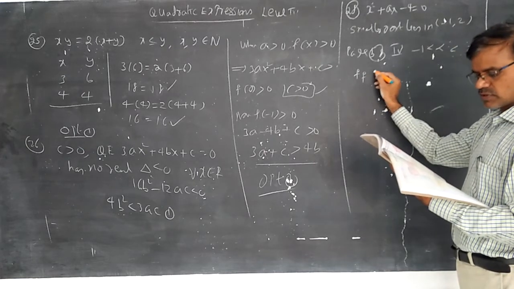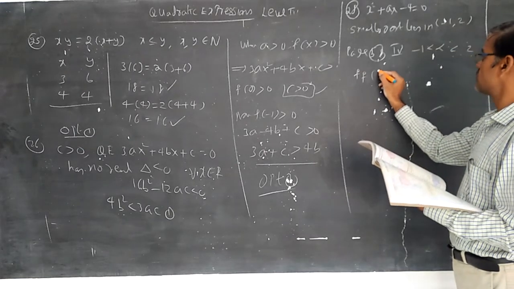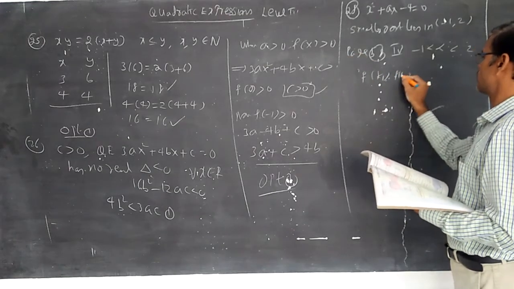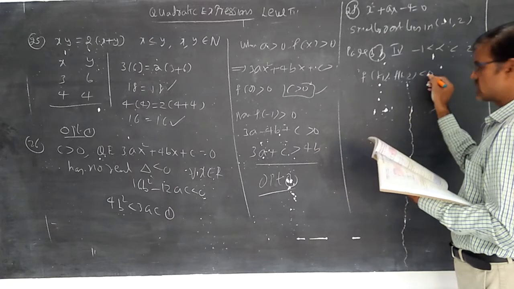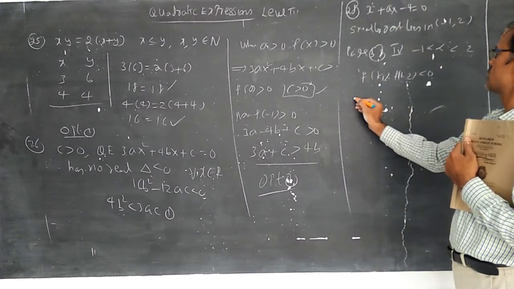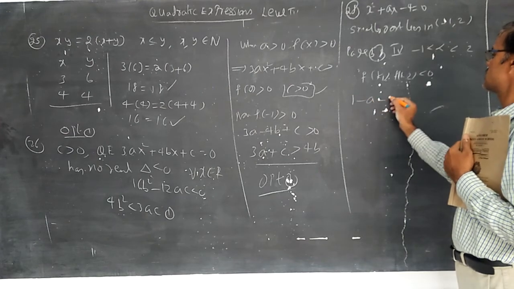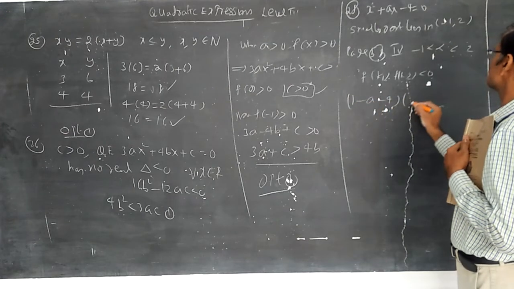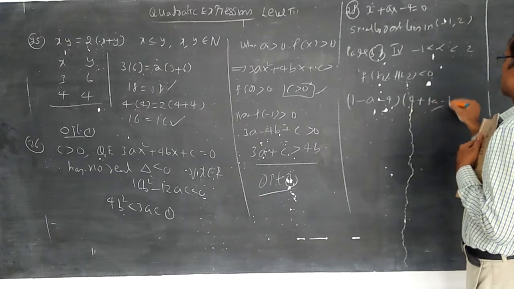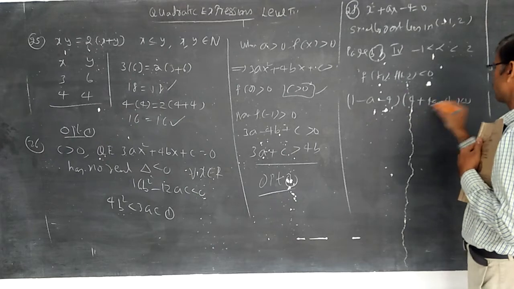So f of k1 into f of k2 less than 0. F of minus 1 is 1 minus a minus 4, into f of 2, which is 4 plus 2a minus 4, less than 0.